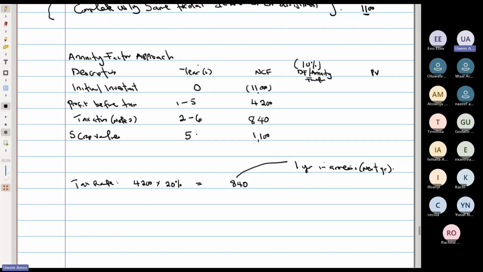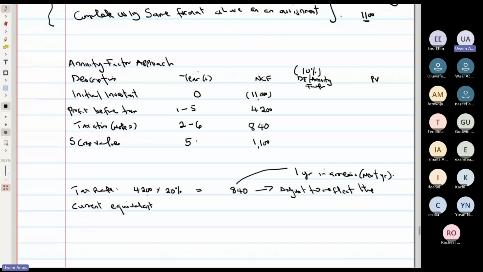But because it is payable 1 year in arrears, it is not payable in that year, we need to adjust this to reflect the current price terms. So we need to adjust that to reflect the current equivalent.